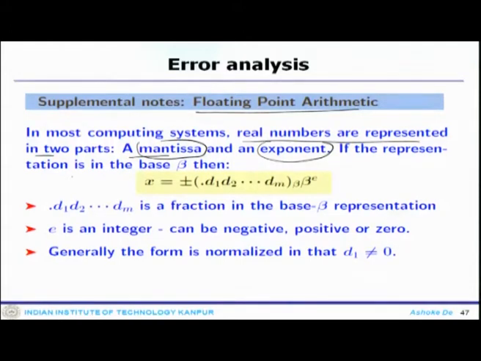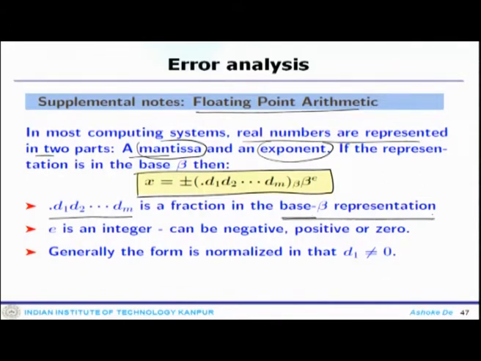If the representation is in base beta, then x is written as plus or minus dot d1 d2 d3 dm times beta to the power of the exponent, where dot d1 d2 d3 dm is a fraction in the base beta representation. You will be able to appreciate this once we move ahead and see some examples of how you represent the mantissa and exponent components. Now, the exponent is an integer which could be positive, negative or 0.